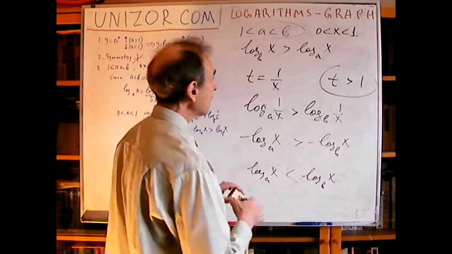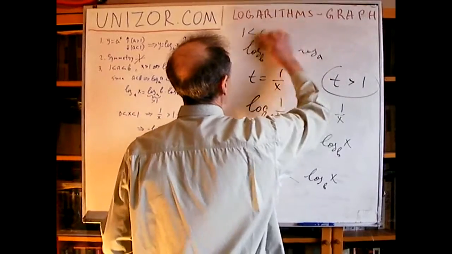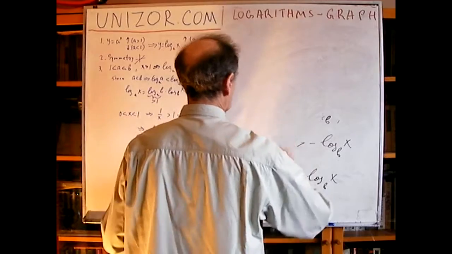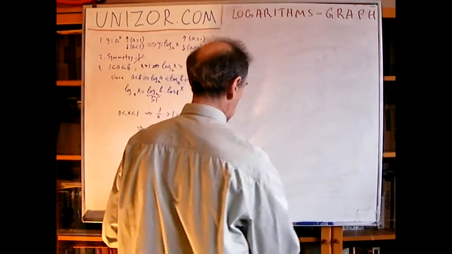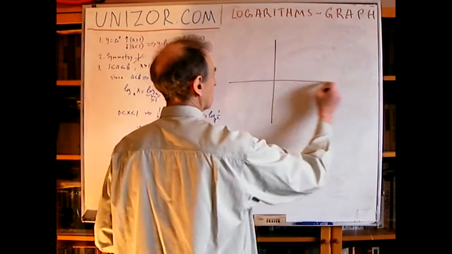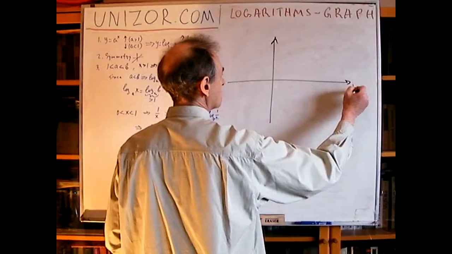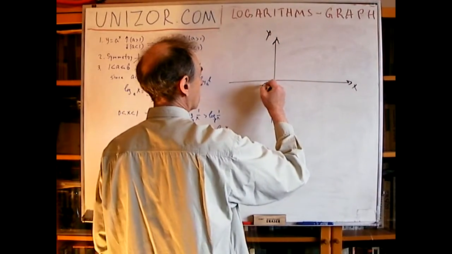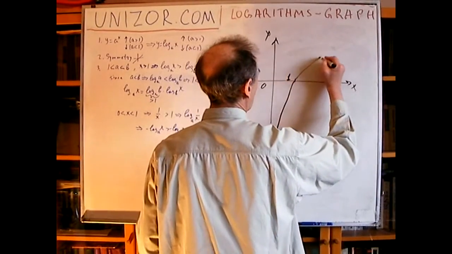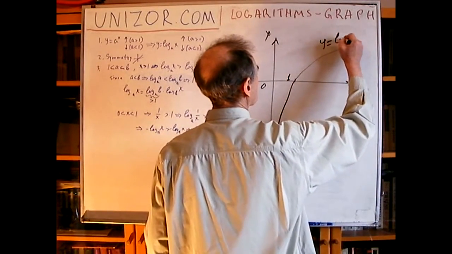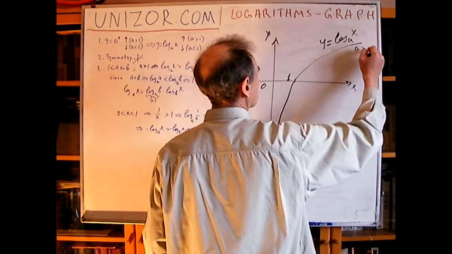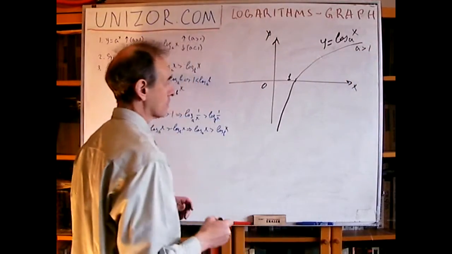So, what we have actually done right now, we not only built the general form of the graph, but we also quantitatively evaluated it. So let me again draw the graph. This is 1, and this is the general form of y is equal to log x base a, where a is greater than 1. So it's increasing.